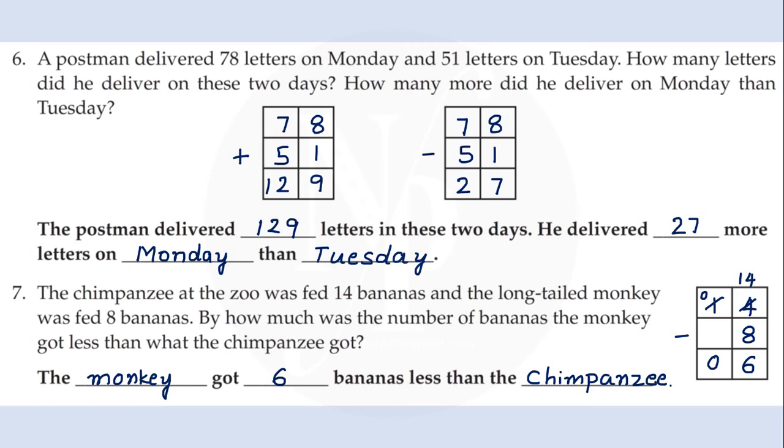So the monkey got 6 bananas less than the chimpanzee. So like this you have to understand the word problems and then you have to solve.